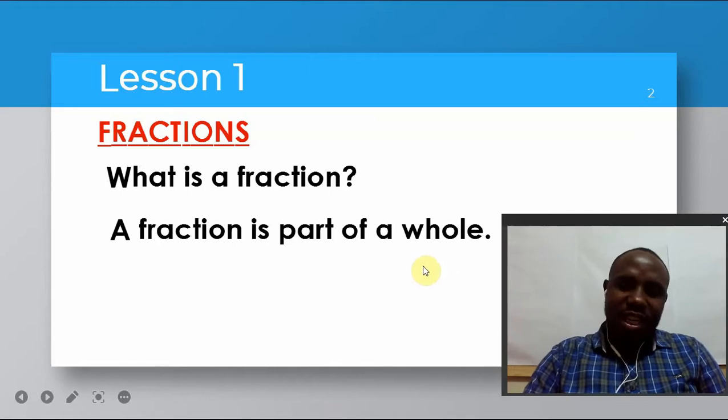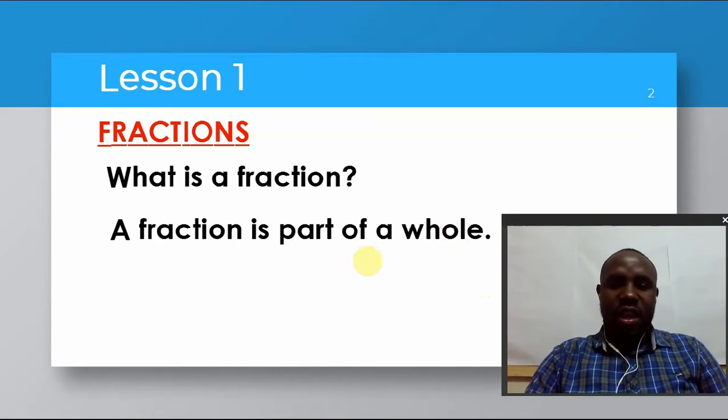The first one is a whole and another one is part. What is a whole? A whole is something which has not been cut into parts. What is a part? Something that is cut from a whole. So a fraction is a part of a whole.